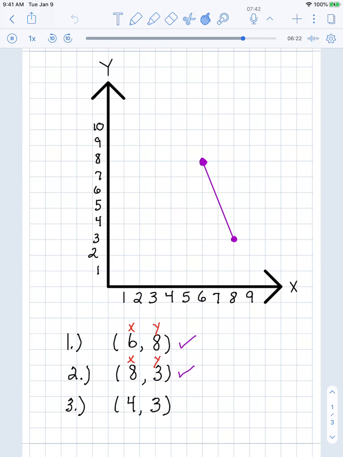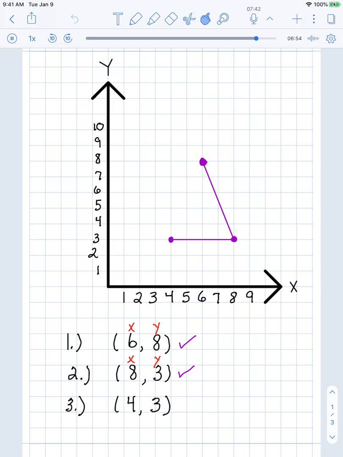All right, so I've connected the first two. Now I'm going to go to my third set of ordered pairs, 4, 3. So I'm going to go over on the x-axis, and I'm going to find the number 4 line, and again I'm going to go up 3 lines, so where 4 and 3 would meet, and it would meet right there on that dot. This time I want to connect 4, 3 with my last problem that I did, 8, 3.